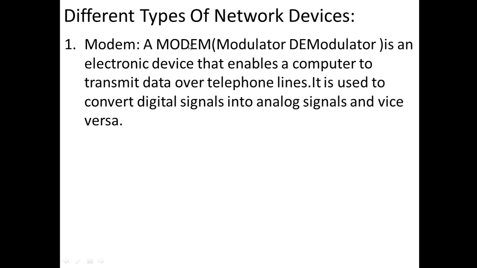So there is a network device which converts the computer's digital signals into analog signals, and again the analog signals into digital signals at the receiver end. So the modem is very much required as a network device to get connected in a network or to form a network.